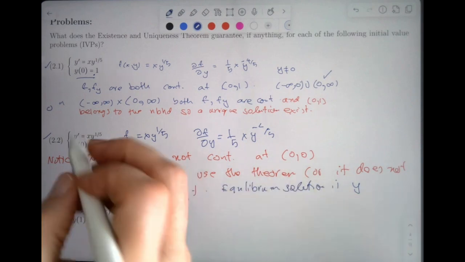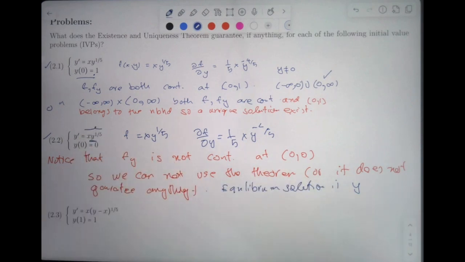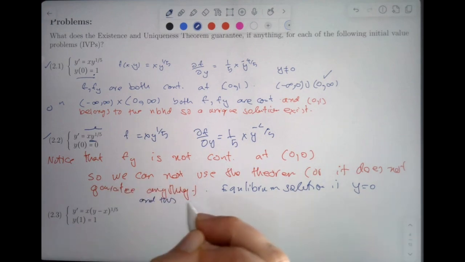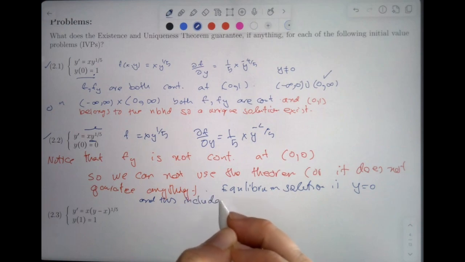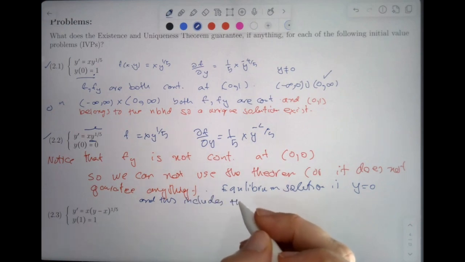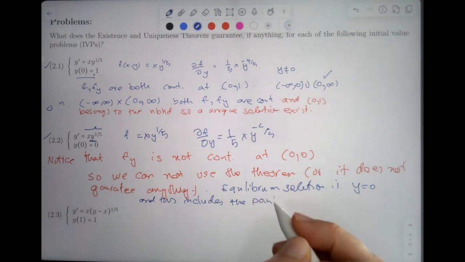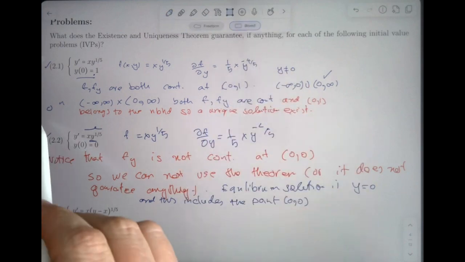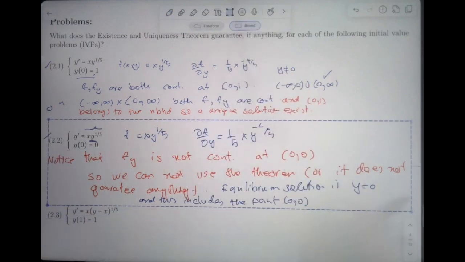If I set that equal to 0 and solve for y as if x was a constant, I get y equal to 0. And this actually includes the initial point 0 and 0. So this is a second solution if the first solution is different.